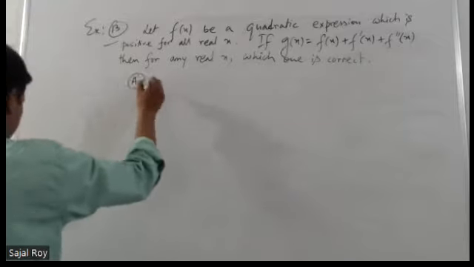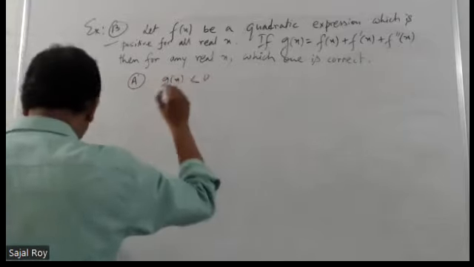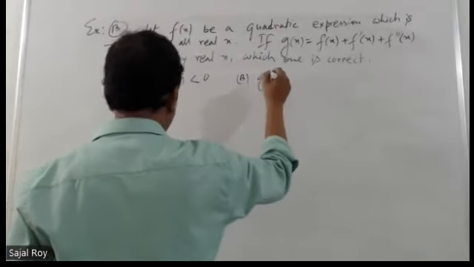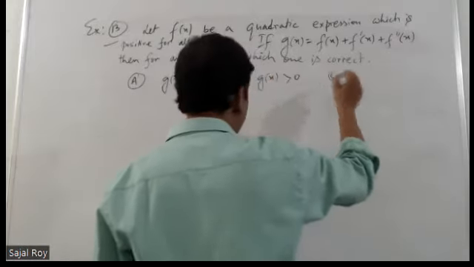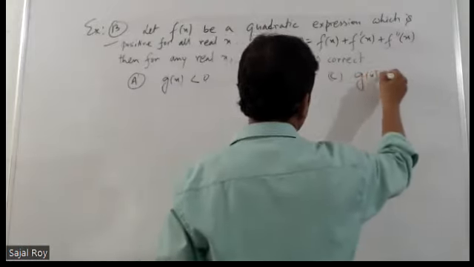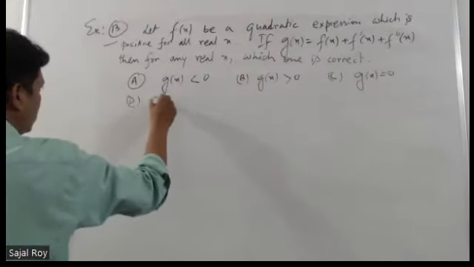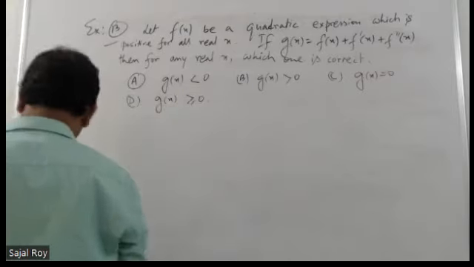Option A, g(x) less than 0. Option B, g(x) greater than 0. Option C, g(x) equal to 0. Option D, g(x) greater than or equal to 0.